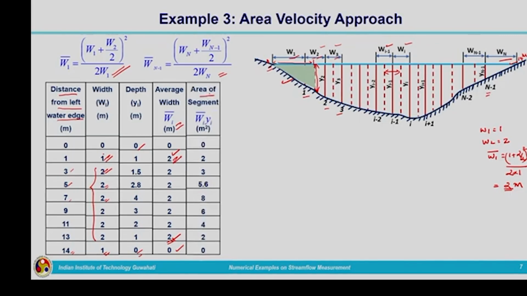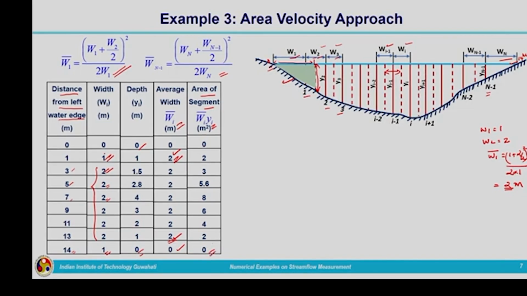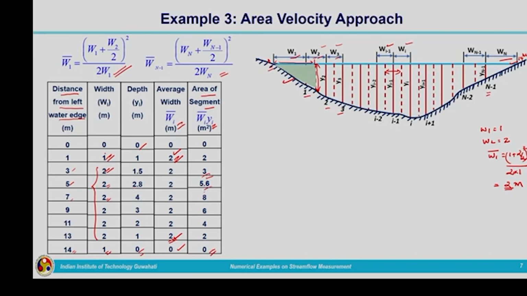Now, we can calculate the area of the segment. Area of the segment is W i bar into y i, average width multiplied by depth of the segment. So, that is calculated as listed in this table, that is 2 multiplied by 1, 2 into 1.53, 2 into 2.8, 5.6.